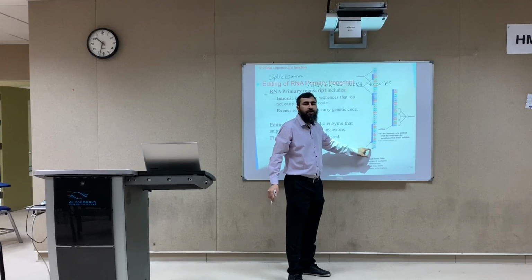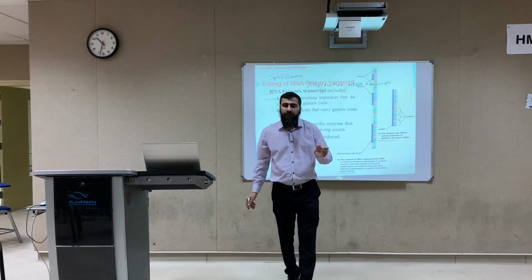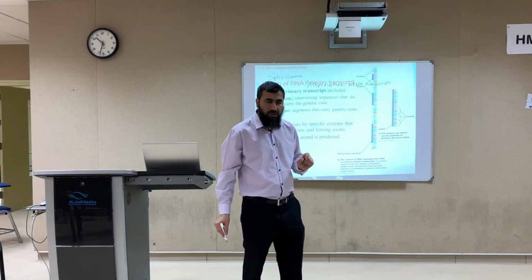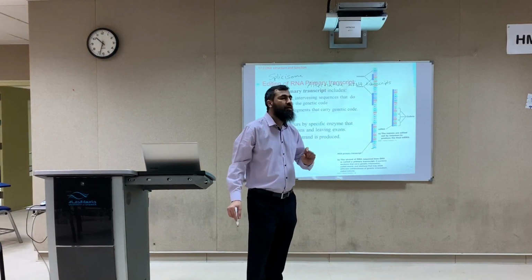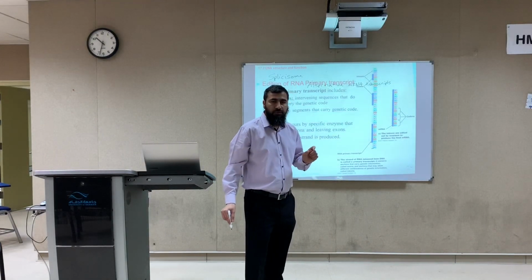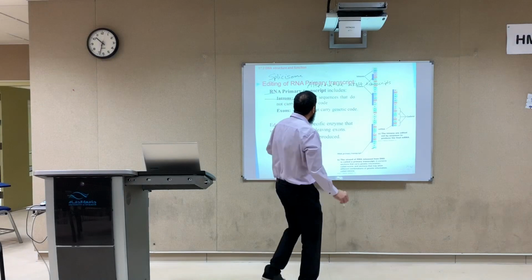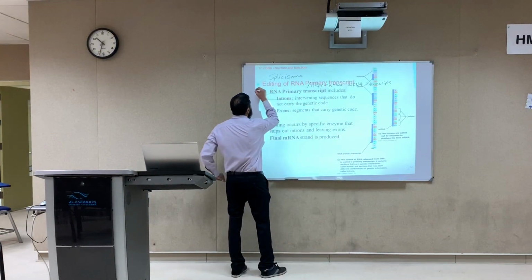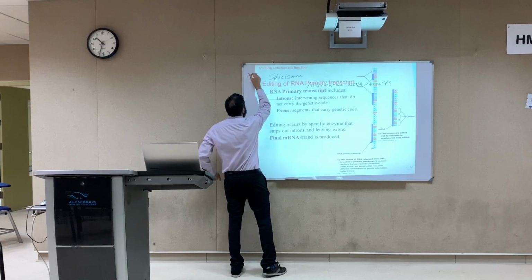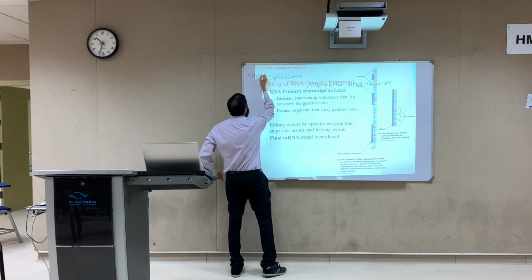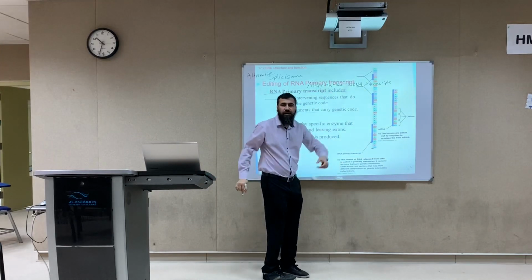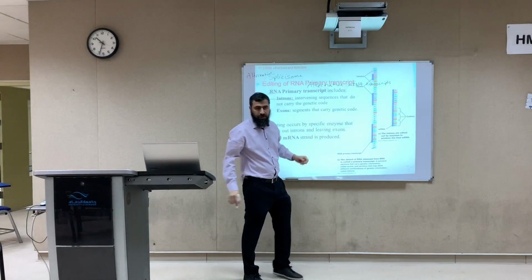So this can give us slightly different versions of the protein. The introns can help to give slightly different versions of the proteins by what we call alternative splicing. Alternative splicing can give us mRNA transcript variants.